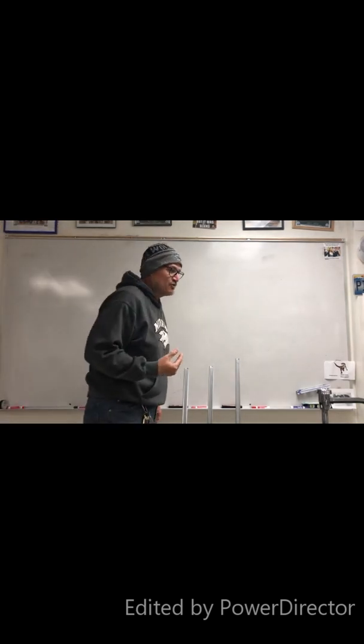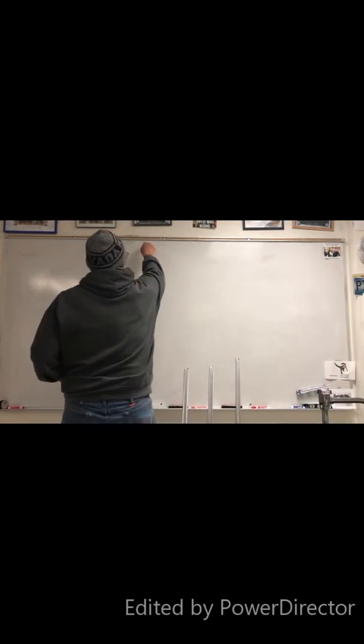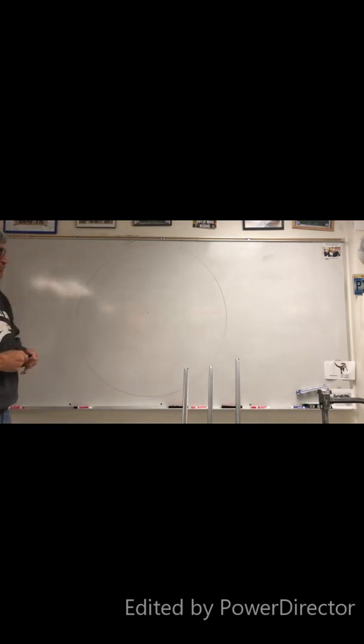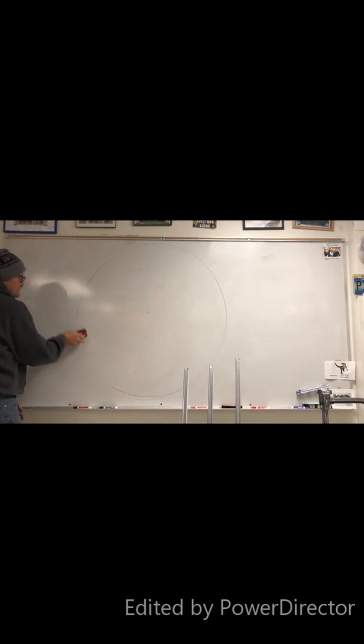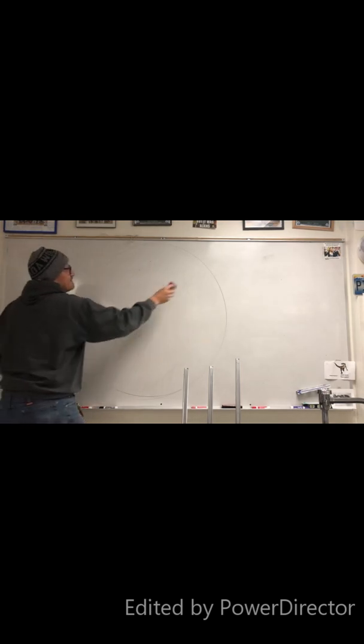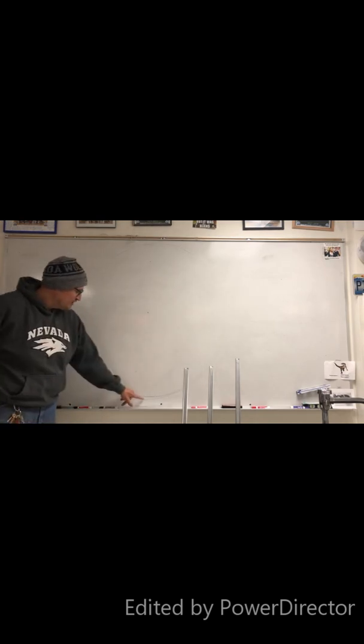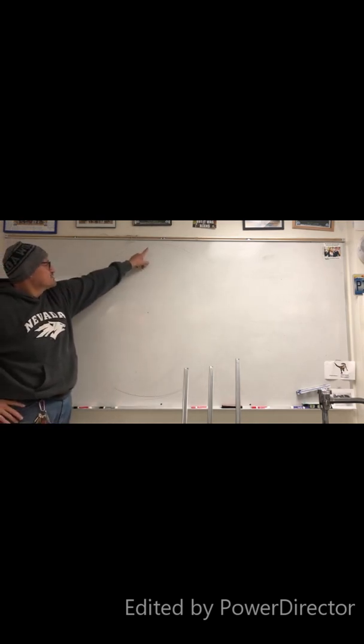We're going to continue on with video number 2. Let's go ahead and make our circle real quick. Here we have a loop, but we only want to look at 2 locations for AP Physics 1. We want to look at here, and we also want to examine the situation here.